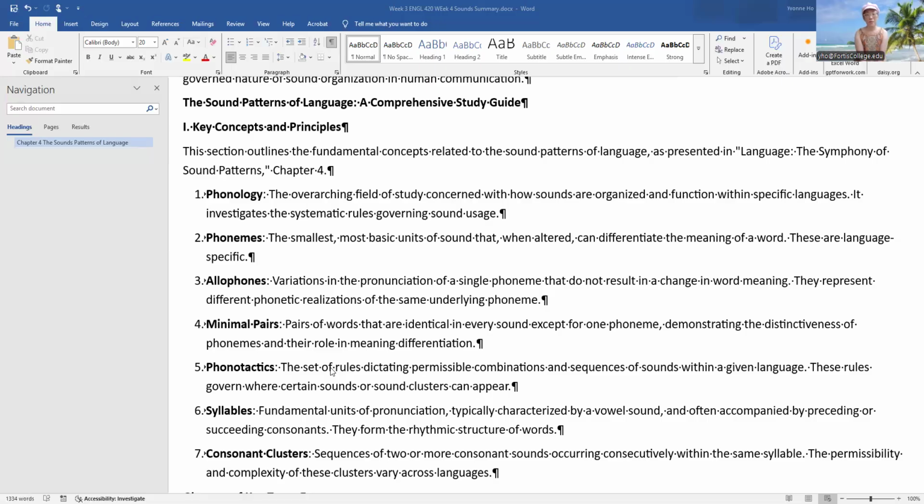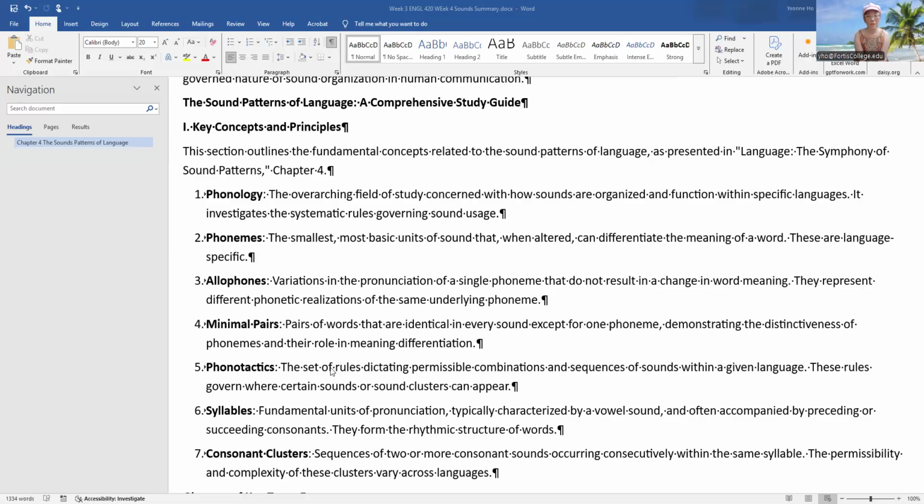Phonotactics: the set of rules dictating permissible combinations and sequences of sounds within a given language. These rules govern where certain sounds or sound clusters can appear. Syllables: fundamental units of pronunciation, typically characterized by a vowel sound and often accompanied by preceding or succeeding consonants.